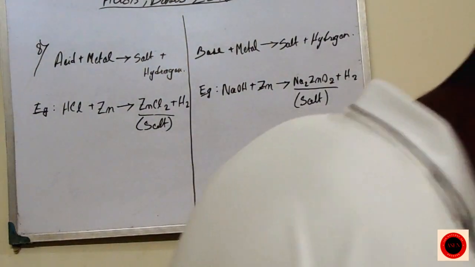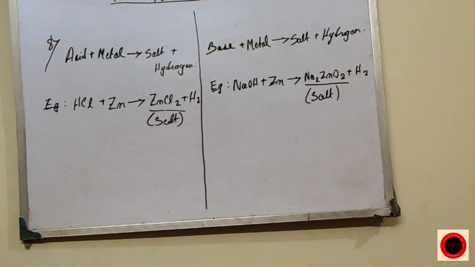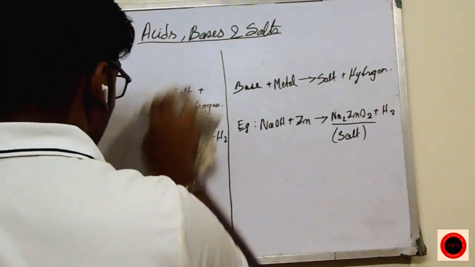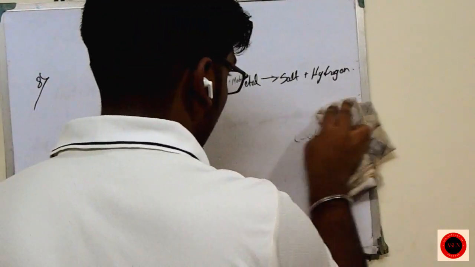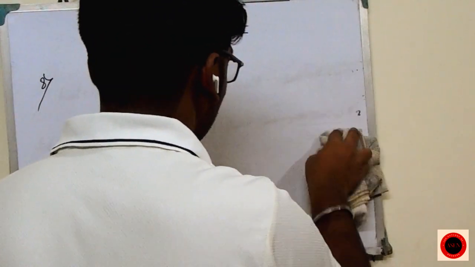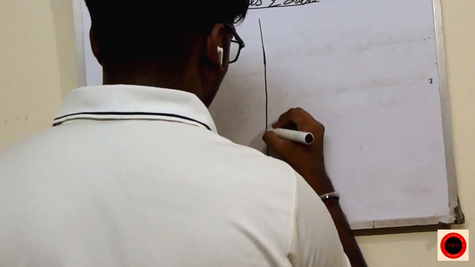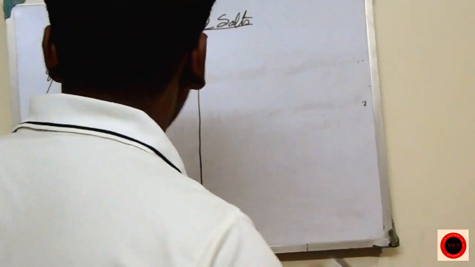Okay, now the next one which we are going to do is what happens when acid is added to a metal oxide. Not acid added to a metal, but metal oxide.